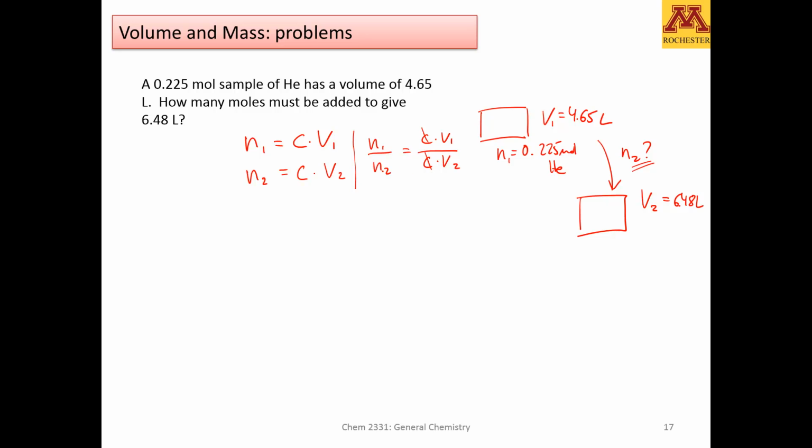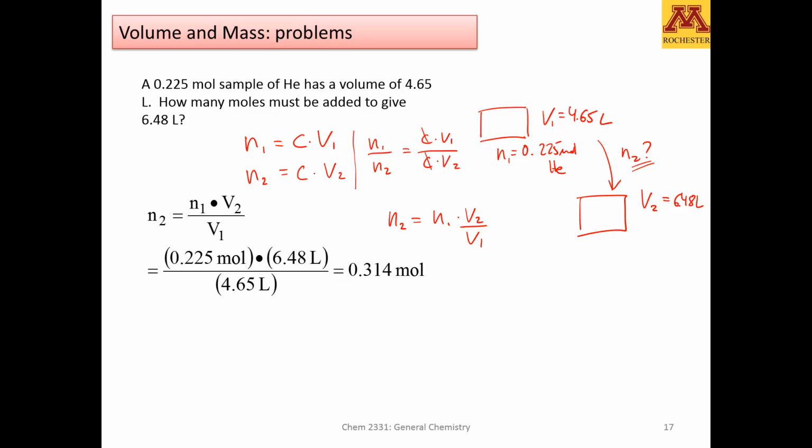So how can we figure out N2? V2 will be multiplying, and V1 will be dividing. Notice that N2 is equal to N1 times V2 divided by V1. You just need to plug in the numbers, and then you calculate the number of moles that you should add.